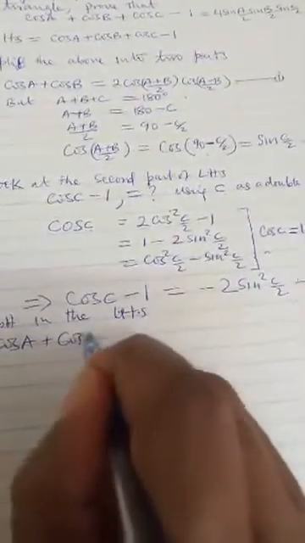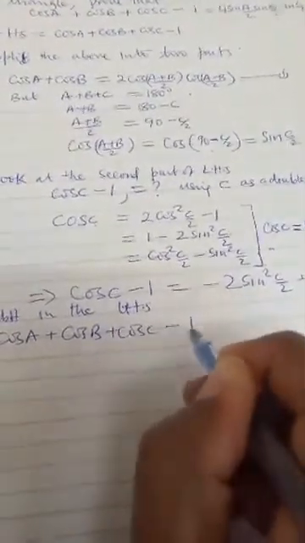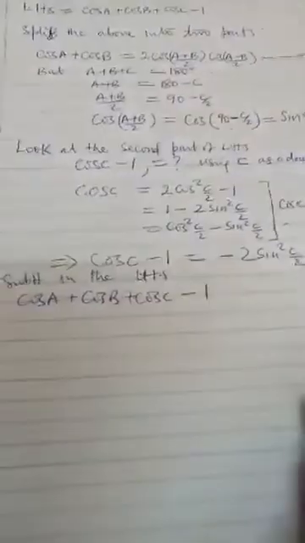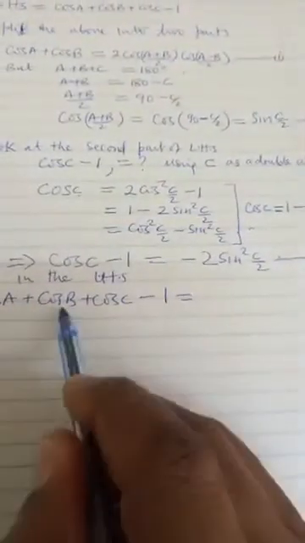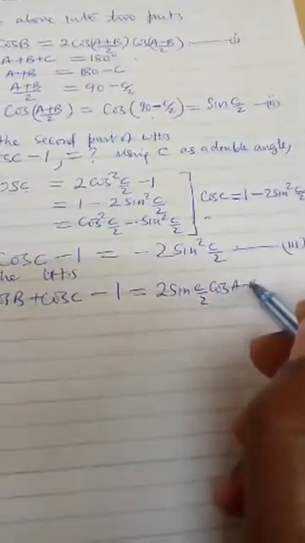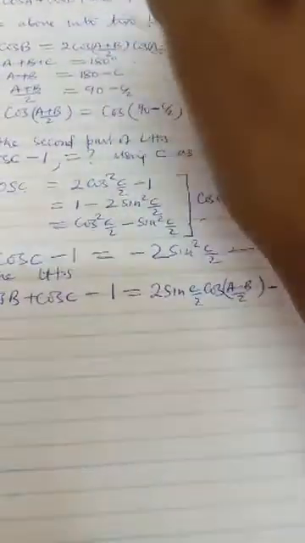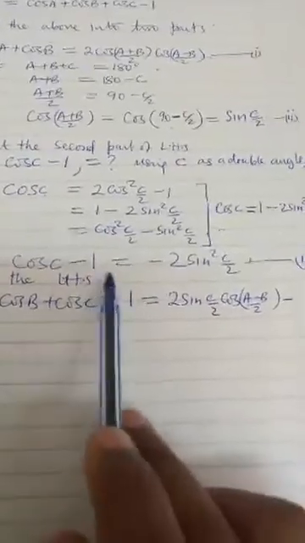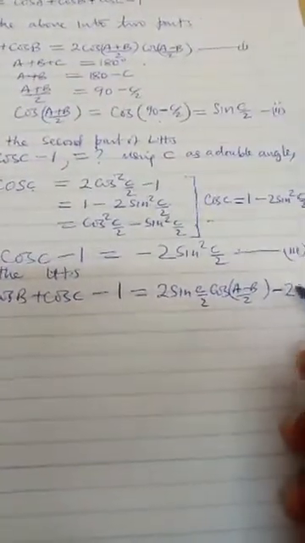Substituting in the left hand side, we have cos of A plus cos of B plus cos of C minus 1, which will give us now cos of A plus cos of B, which we have already got as 2 the sine of C over 2 times the cos of A minus B over 2, plus cos C minus 1, which has been obtained just here as minus 2 sine squared C over 2.